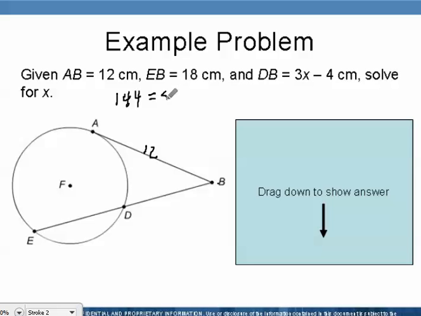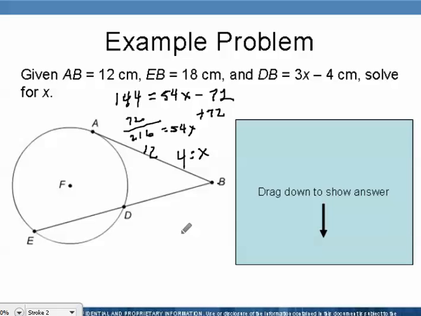That's 54x minus 18 times 4, 72. So if I add 72 to both sides of this, I will get 216 is equal to 54x. And if I divide by 54, I'm going to get that x is equal to 4.